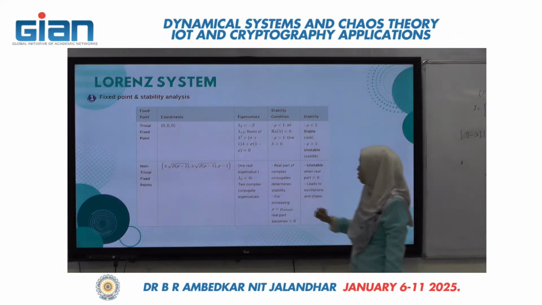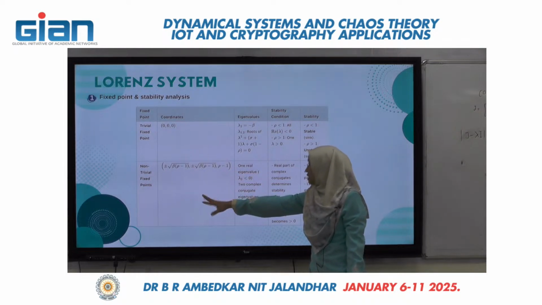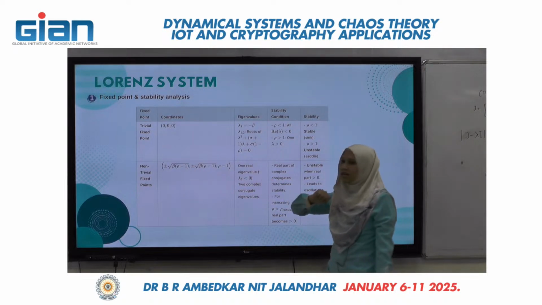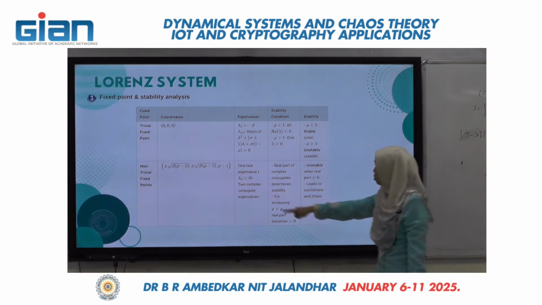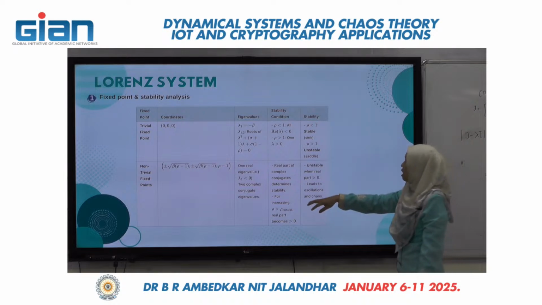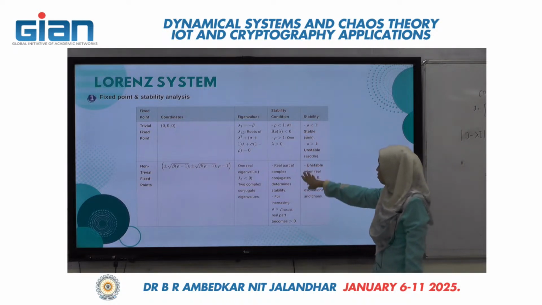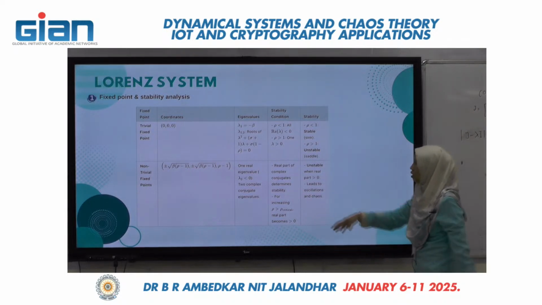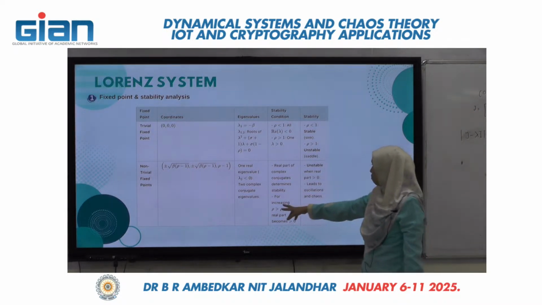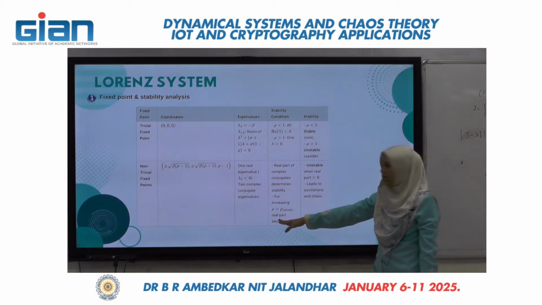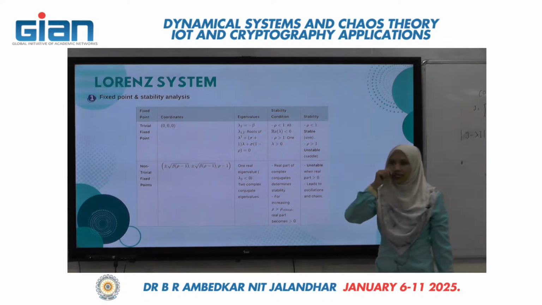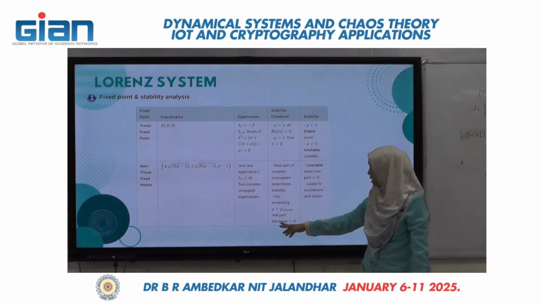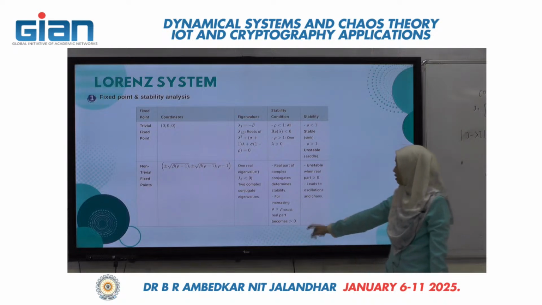Okay, so for the non-trivial case, we have 2 complex conjugate eigenvalues and 1 real eigenvalue. So for the stability condition in the real part, we can say it converges and is stable. But then for increasing value of rho, the pre-critical point here is a hallmark of chaos. I will explain later. So the real part will become greater than 0.